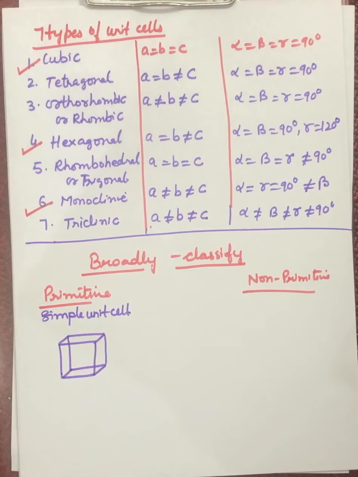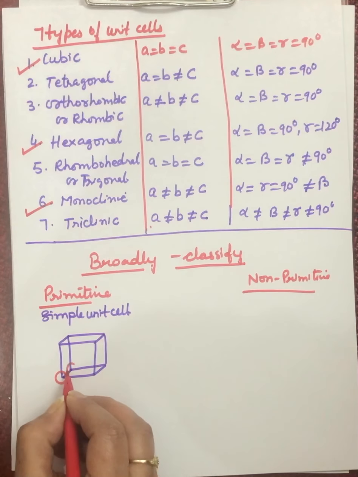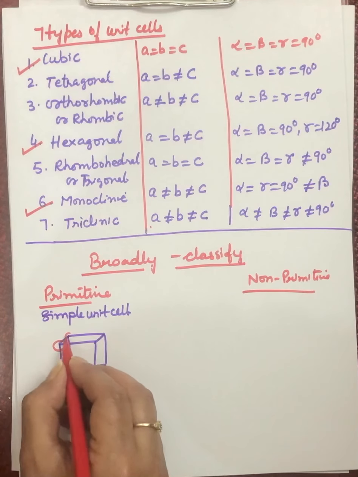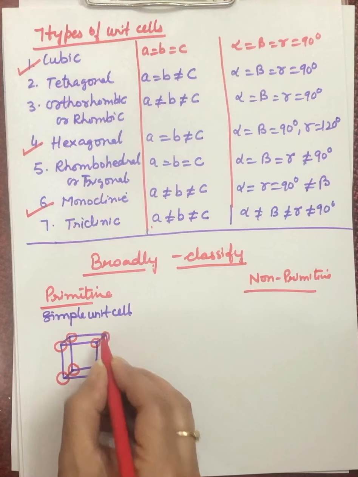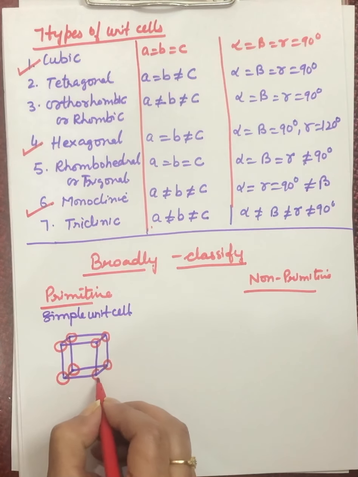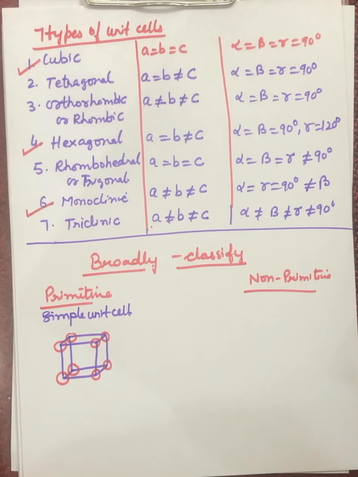This is a unit cell. If in this unit cell particles are present only at the corners of a unit cell. So remember, in a cube, how many corners are there? 8 corners are there. So if particles you find only at the corner of this unit cell, then this unit cell is known as primitive or simple unit cell.